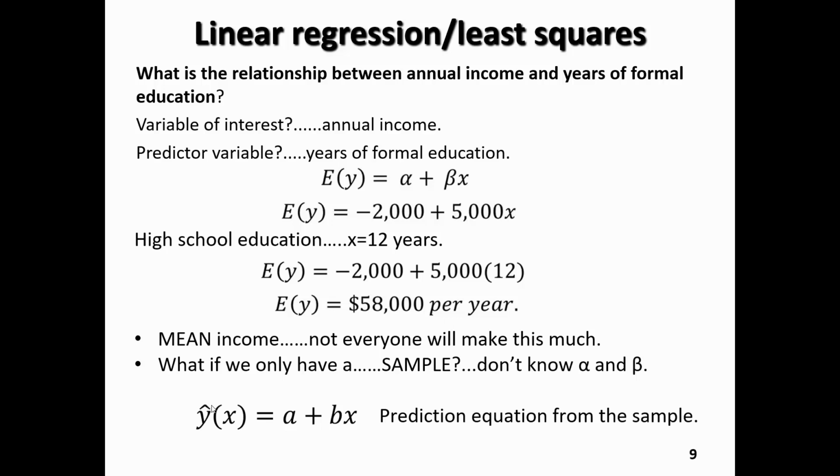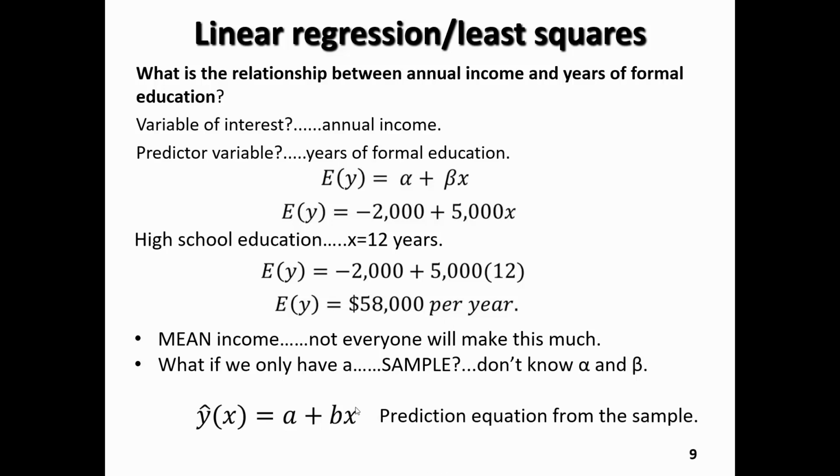The hat is the symbol for the predicted value of Y, not the actual value of Y. So when we have a sample, we have a set of data on X, and associated data for each case or each person for Y. But what we're going to do is try to predict that Y. And the difference between the two is what we will call error eventually when we get to it.